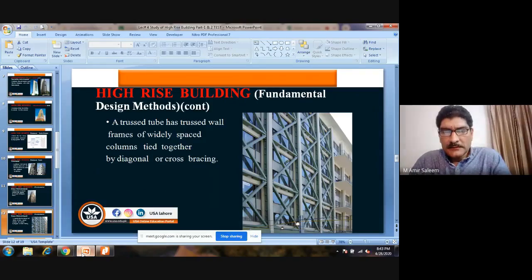Another important point: in the last few lectures, we have discussed the truss system, when we discussed the spanning systems of different building materials. It's very common; we use the truss in our buildings.